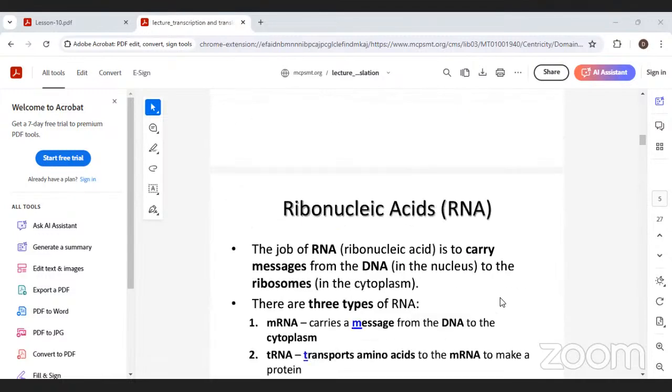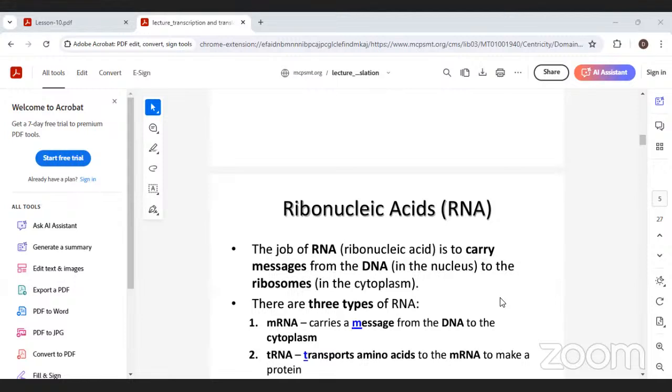The job of RNA is to carry the message from the DNA in the nucleus to the ribosome in the cytoplasm.